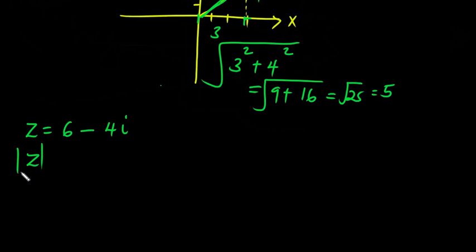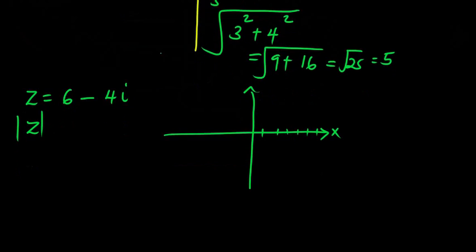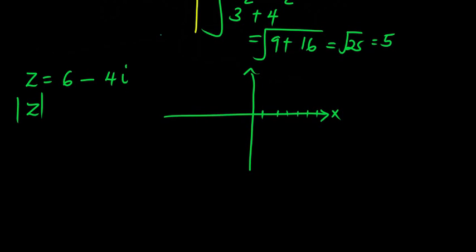So we can try to map this complex number on our axis here. We have the real axis and the imaginary axis. So we are going to move 6 units on the real axis. So 1, 2, 3, 4, 5, 6, and then we're going to move negative 4 units, or rather 4 units down the negative part.